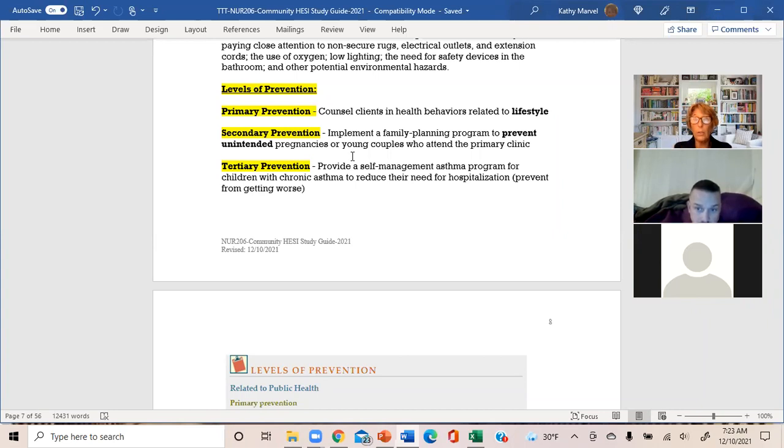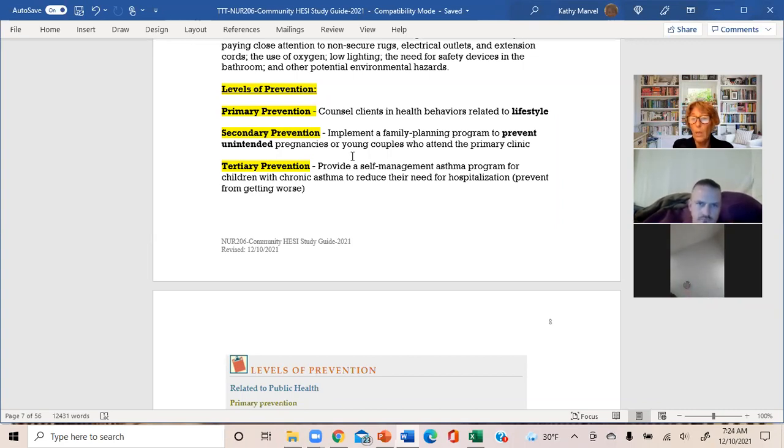It's the same thought process. You have to be able to identify what a primary, secondary, and tertiary level of prevention intervention is in all the different topics.